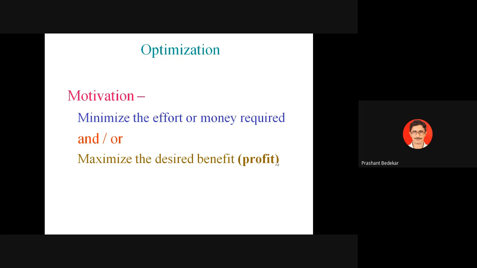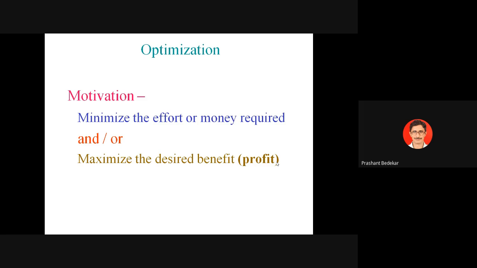In between, you will find and/or, which indicates that sometimes we are interested in minimizing something only. Sometimes we are interested in maximizing something only. But sometimes we are interested in minimizing something and at the same time maximizing something.